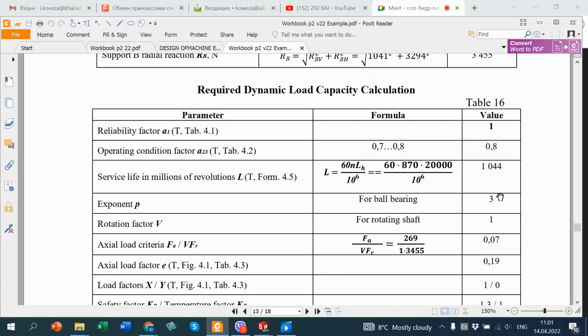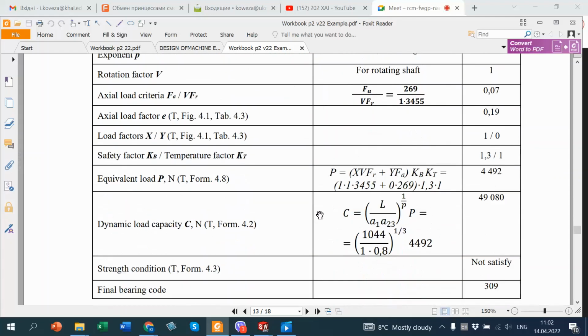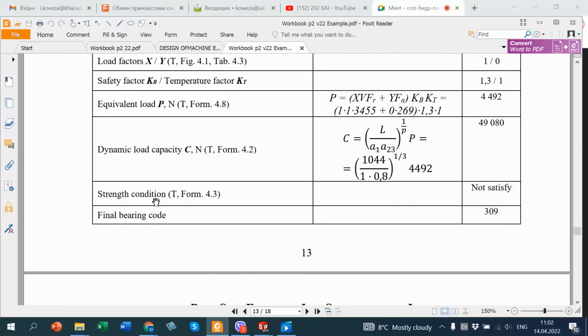Finally, when you calculate and you select your variant, you should show it to me, and we solve this question how to solve this problem. So in my case, I took final bearing code 309.